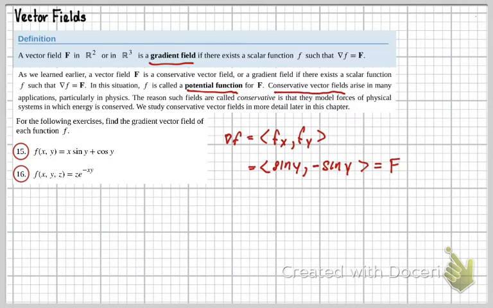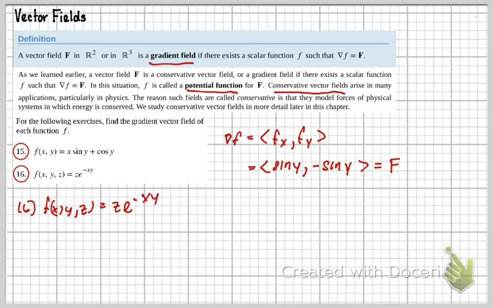And it says, for the following exercises, find the gradient vector field for each function f. So all we're doing is just partial derivatives here. For 16 then, that's going to be f of x, y, z equaling z e to the negative xy.